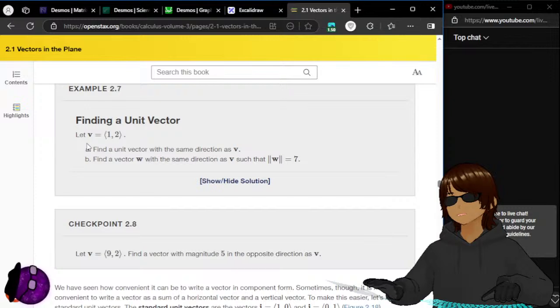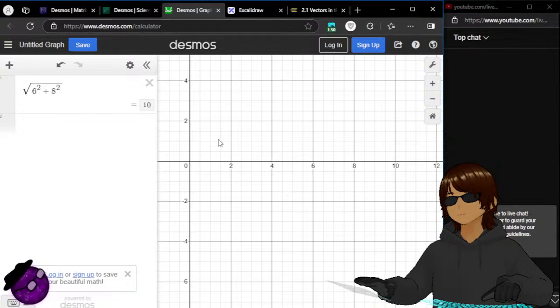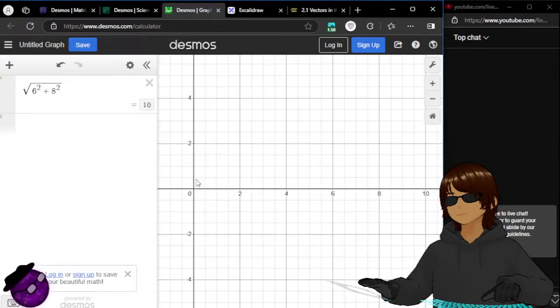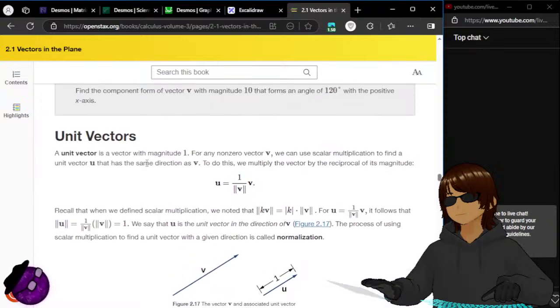So finding a unit vector, let v be 1, 2. So v goes from 1, 2, and find a vector w with the same direction as v such that the magnitude of w is equal to 7. Hold on, let me think about this. You find the unit vector and then you multiply it by 7, right?